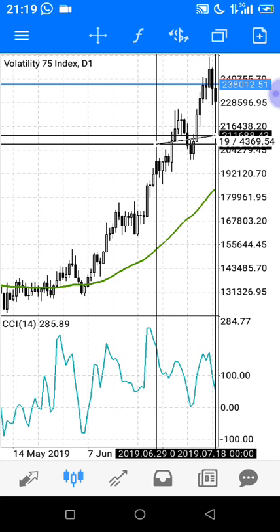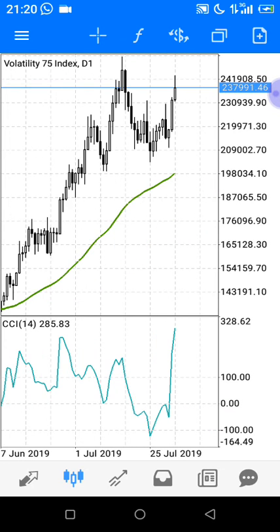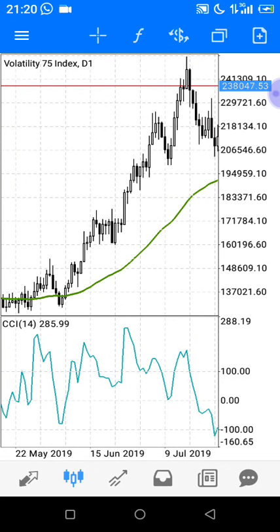So those who were using this strategy, like my close students, knew about this, and we were already in the trade. And from that day V75 has been going up.